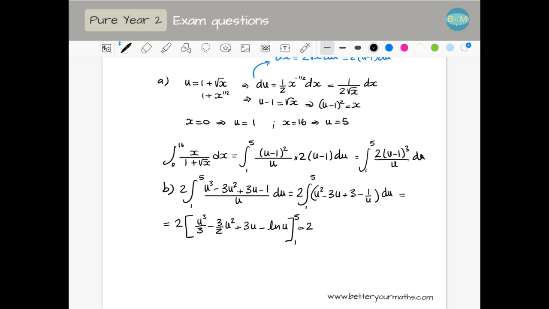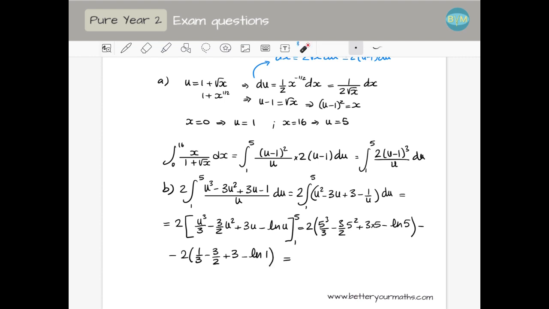So if I substitute the 5, I'm going to have 5 cubed divided by 3 minus 3 halves of 5 squared plus 3 times 5 minus ln 5, minus 2, this 2 is this 2, so I multiply this 2 when I substitute by 5 minus this 2 when I substitute by 1. So I have 1/3 minus 3 halves plus 3 minus ln u.